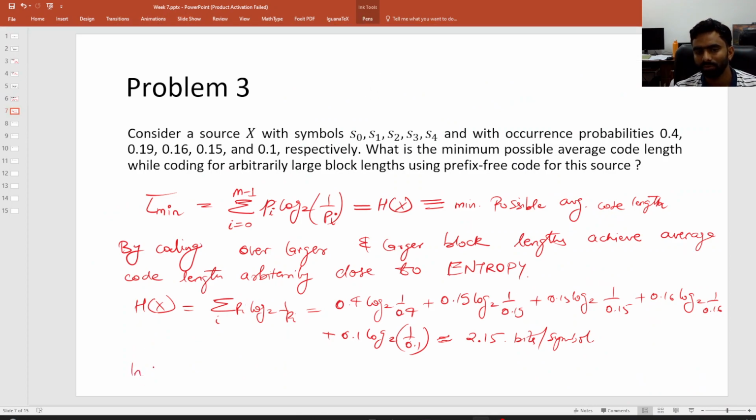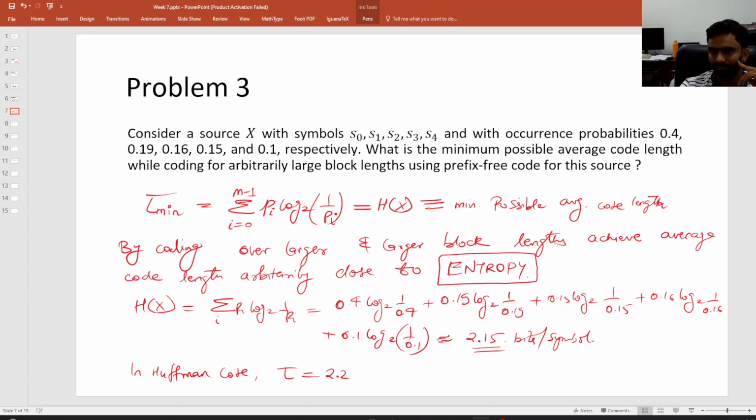In the Huffman code, we obtain L bar as 2.2, which is more than the entropy. So this is the minimum possible achievable code length, which is nothing but the entropy.